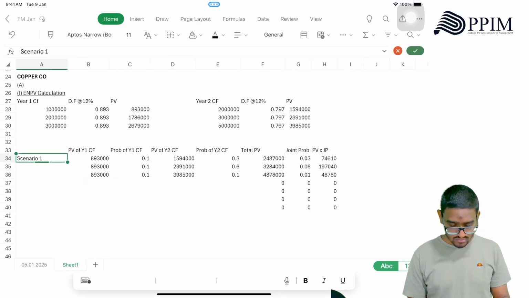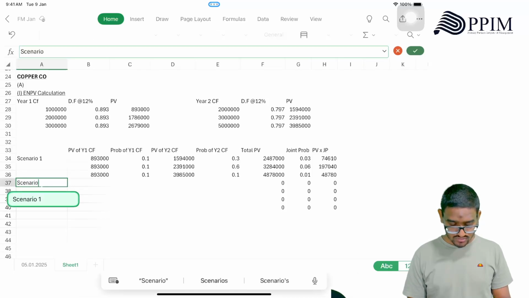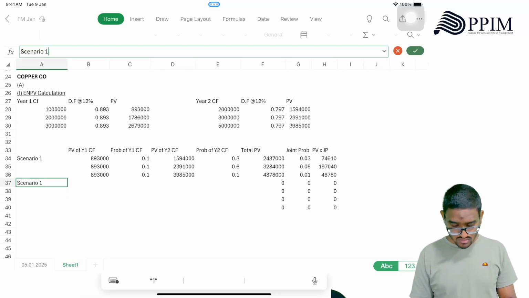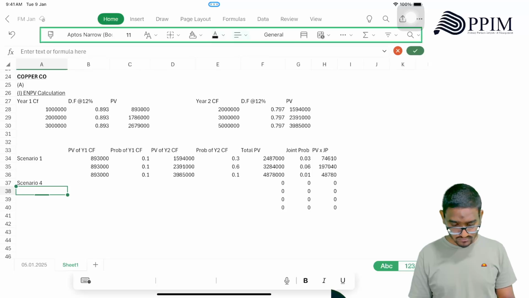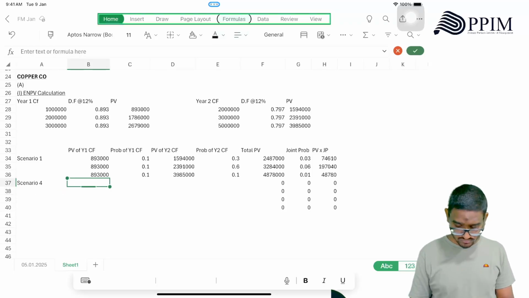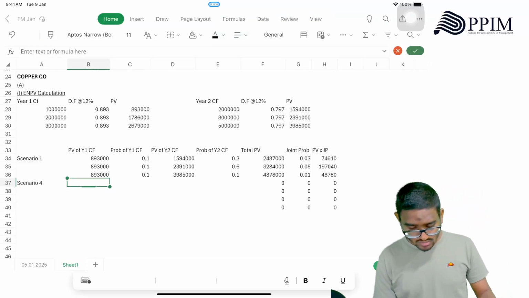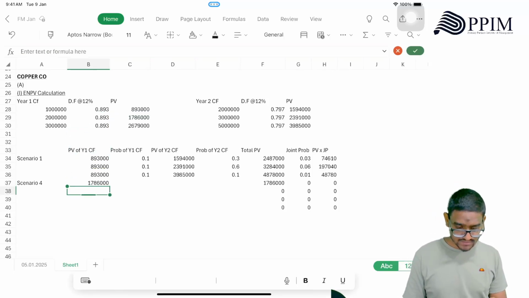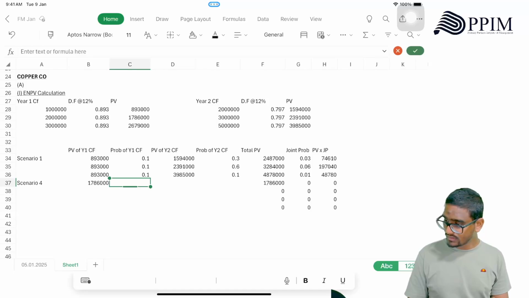Right? Then you have the next scenario, let's say case 4. So here you will consider 1.786, where your probability is 0.5.